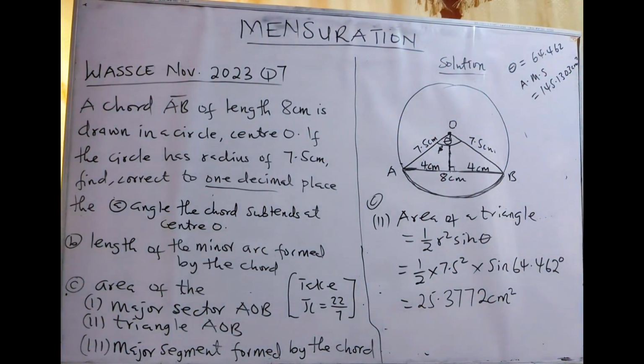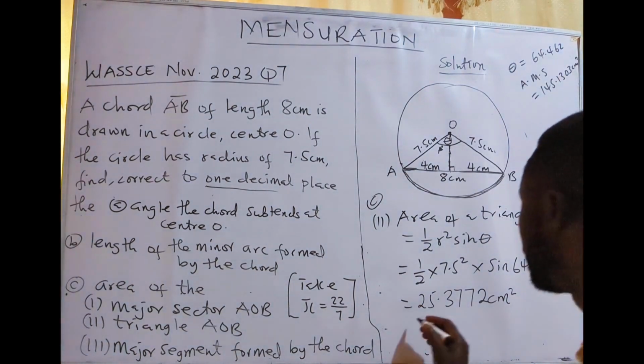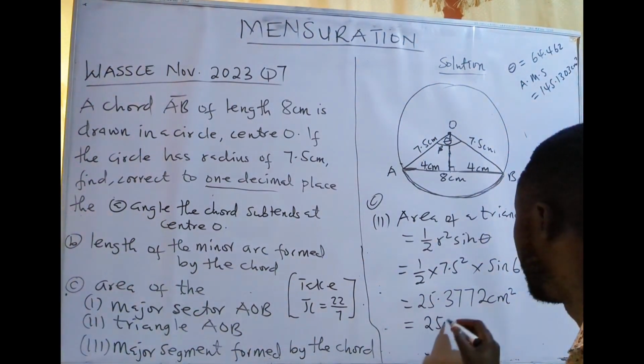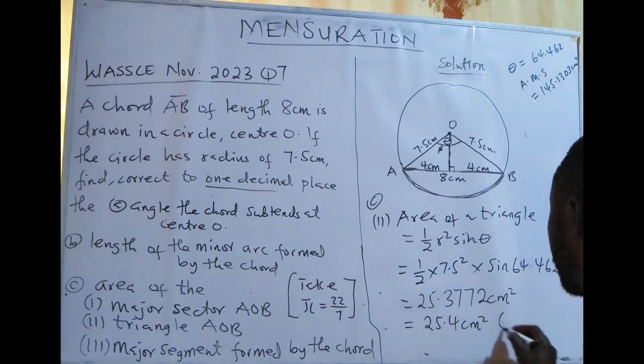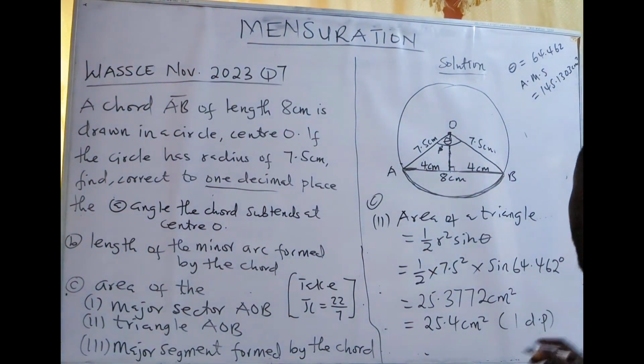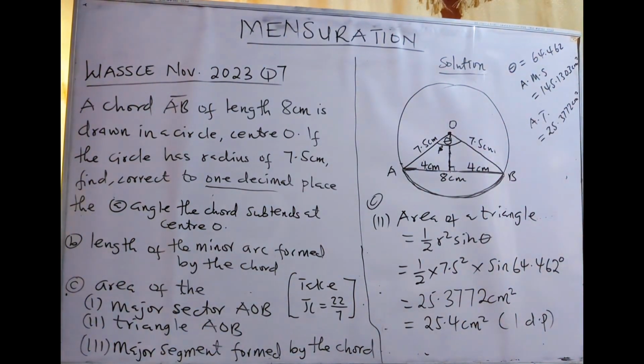This is the area of the triangle. All right, and we are asked to correct to 1 decimal place. So 25.4 centimeters squared. That is to 1 decimal place. Then we solve the last one.